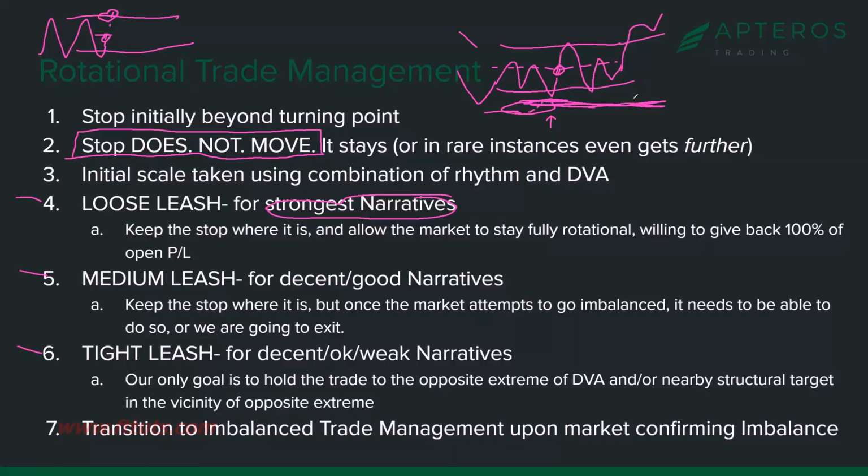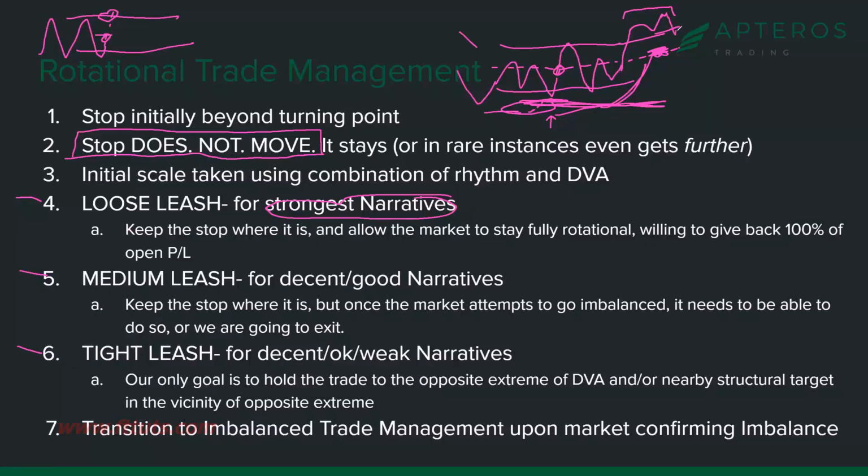Keep the stop where it is. But once the market tries to go imbalanced, like we drew right up here, well, now we're shifting to imbalanced trade management. So the stop, for the first time, can come up here, below the 0.5 area, halfway to VWAP, something like that. Or just in general, it just needs to work.